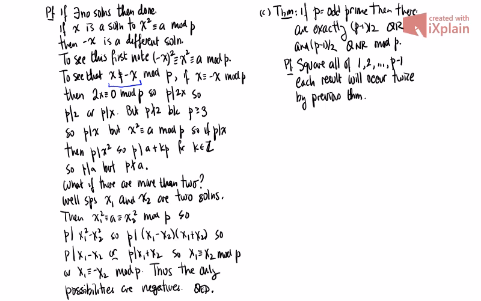So thus there will be p minus 1 over 2 quadratic residues, and the ones we don't get, the non-results, will be the quadratic non-residues. And so that's the end of that.